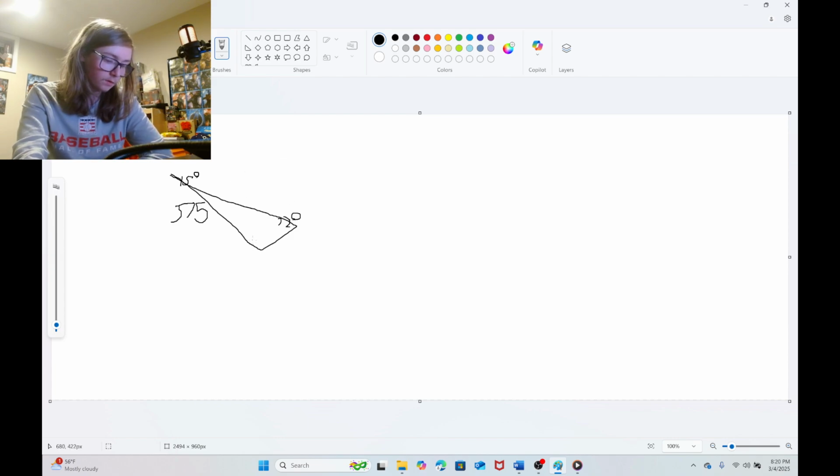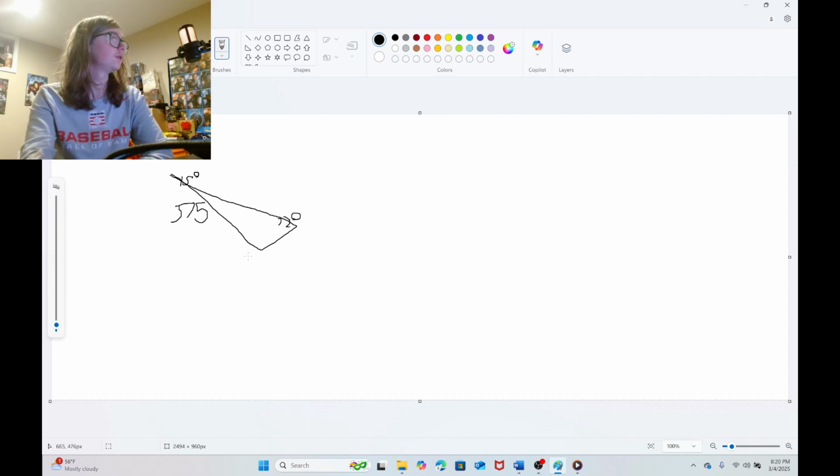Now, for degree measurements, we already have that for this. So to solve the triangle, we're given angle C, angle A, and side C. I'm not going to write the letters because I'm lazy. But we can figure out angle B by basic mathematics.